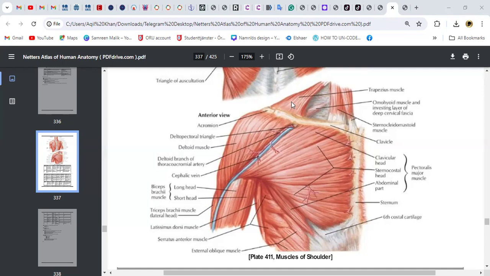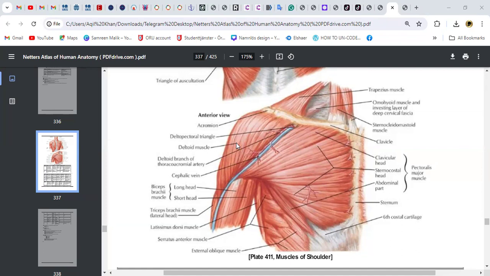Right, then coming back to the deep extrinsic muscles, these are the levator scapulae and the rhomboid major and minor, which cannot be seen in this image. Obviously, they'll be on the posterior view. Now, coming back to the intrinsic muscles, the most important is the deltoid muscle.